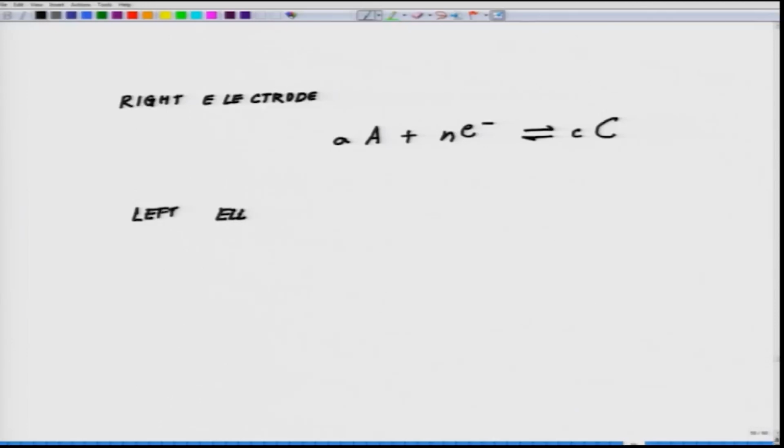On your right electrode, you have the reaction like A plus ne goes to C. Whereas, on your left electrode, you have the second reaction going D plus ne goes to B. Now, if you write down the Nernst equation for us, this is the right electrode.